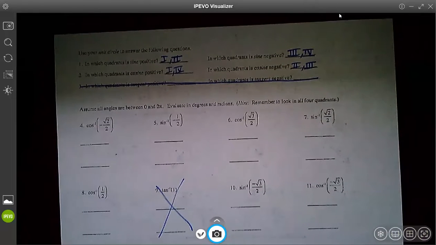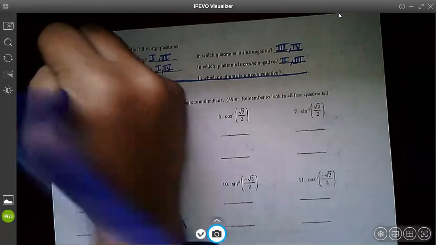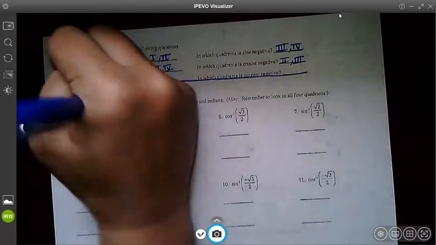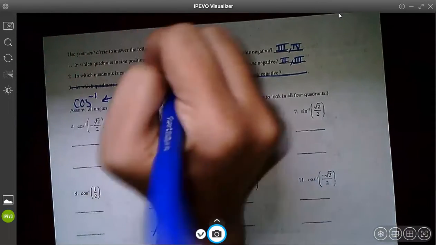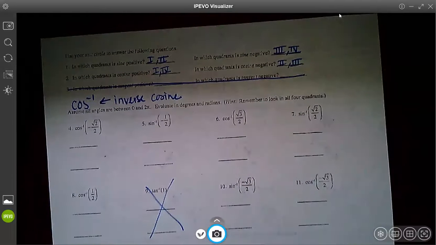Inverse. So we want to find, this is read inverse. So the cosine to the negative first, like that, is read the inverse cosine. So it's like undoing the cosine. What this is going to be is your x or y value, depending on whether you're looking at sine or cosine. So we're going to evaluate this in degrees and in radians.